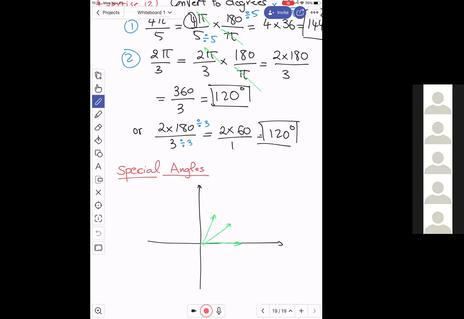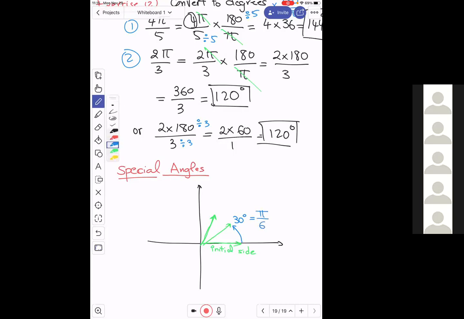Let's say this is your initial side. Let's say this one here is the initial side. Okay, and so let's say you're gonna go from this angle to this one. This would be, let's say, 30 degrees, and as I said, 30 degrees, that's pi over 6.